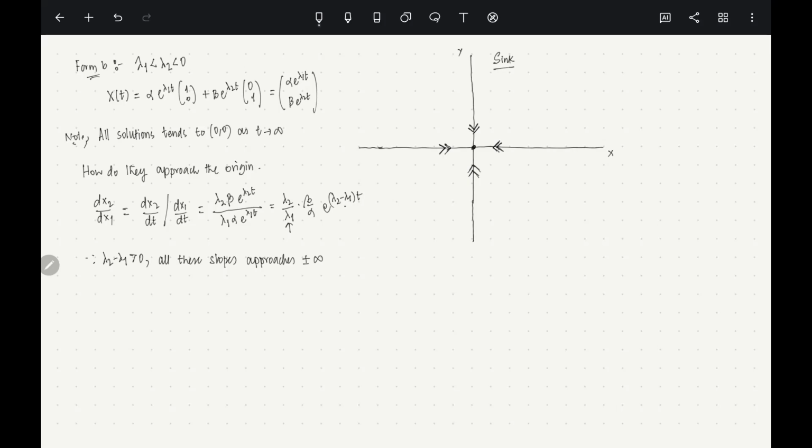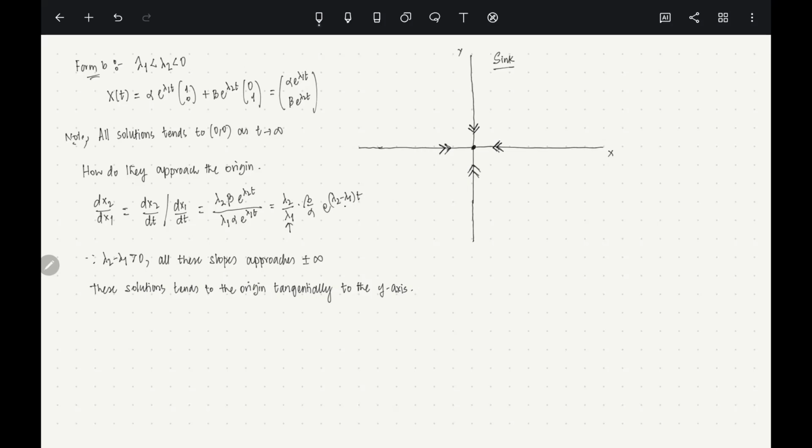If you look at these solutions, they tend to the origin tangentially to the y-axis. Essentially, it is tangential to the y-axis.